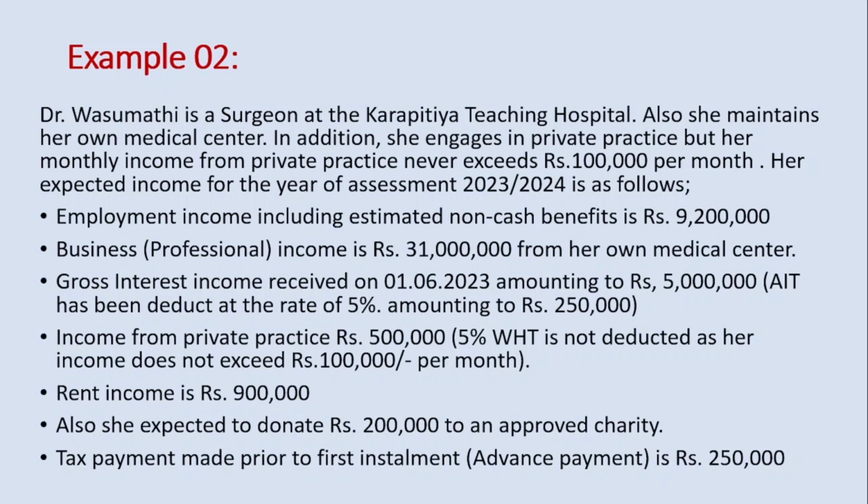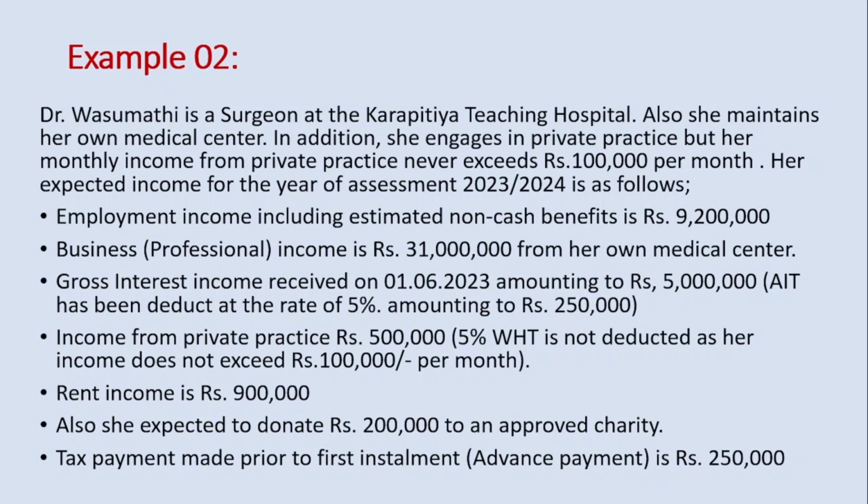Expected business income for the year of assessment is 31 million from her own medical center, and income from private practice is 500,000. For this 500,000, the 5% withholding tax is not deducted because her business income is less than 100,000 per month. Therefore, the 5% withholding tax has not been deducted.